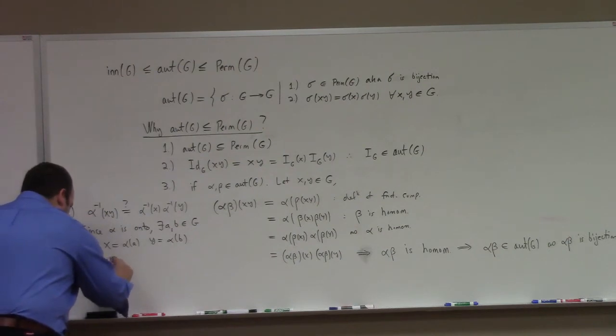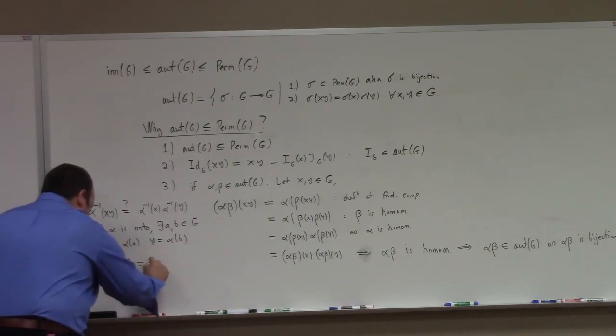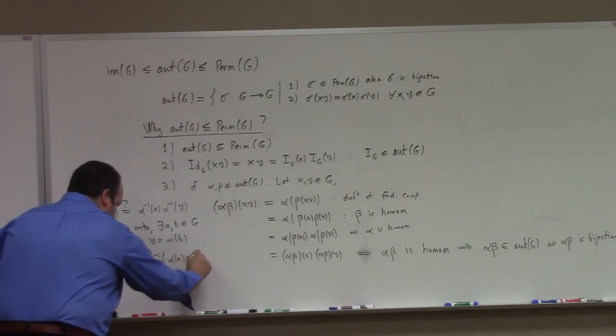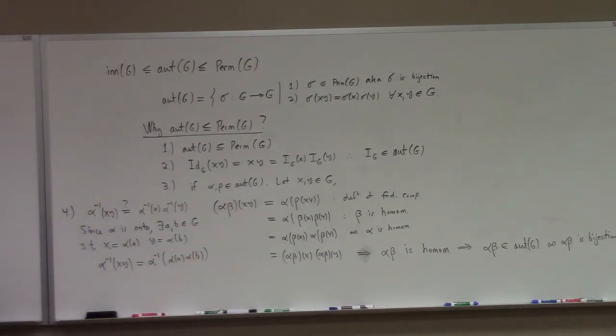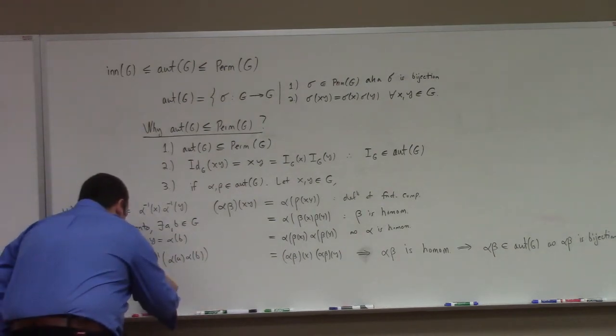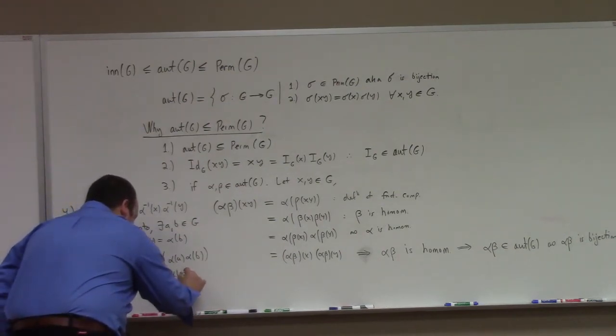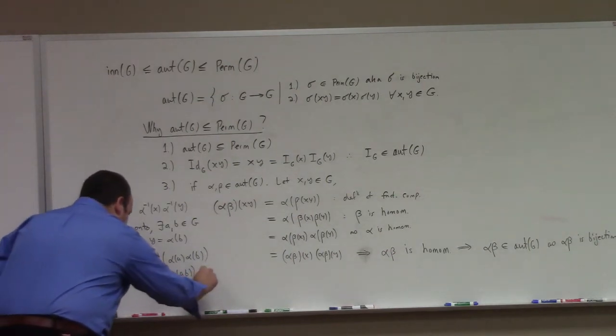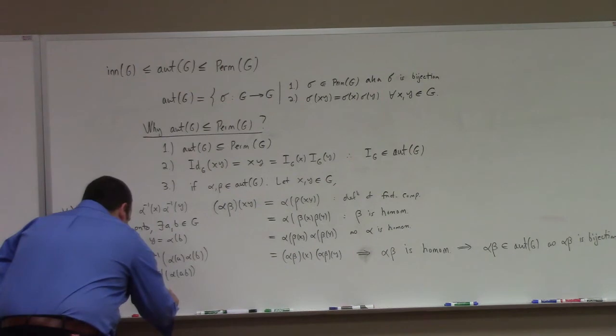So alpha inverse of xy is actually alpha inverse of alpha of a, alpha of b. Now I have a platform to use the homomorphism property for alpha, which is assumed. Because now I can say, aha, well that's alpha inverse of alpha of ab, which by definition of inverse, that's just ab again.